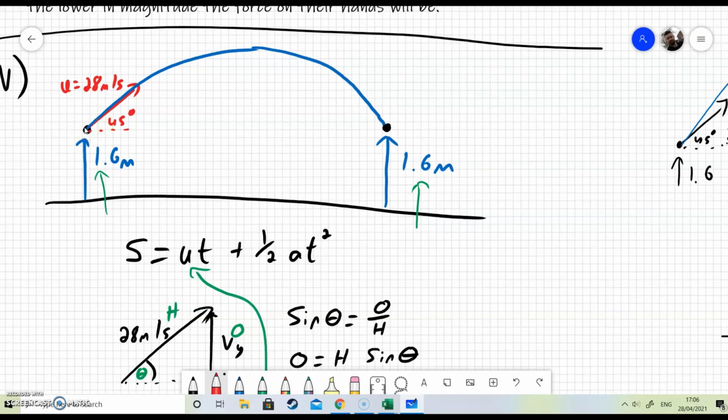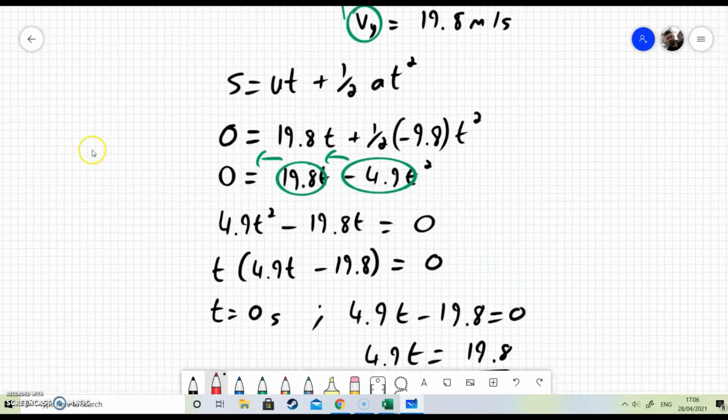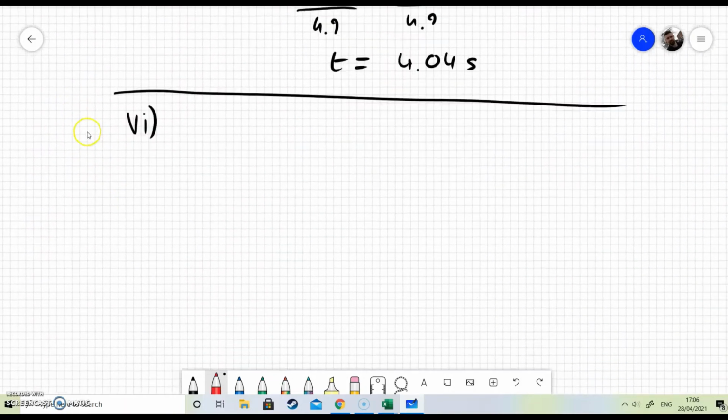That also means that the time it takes in the horizontal direction is also 4.04 seconds. So what we need to do is work out the horizontal velocity and multiply that by the time, and that will tell us how far it travels in the horizontal direction.